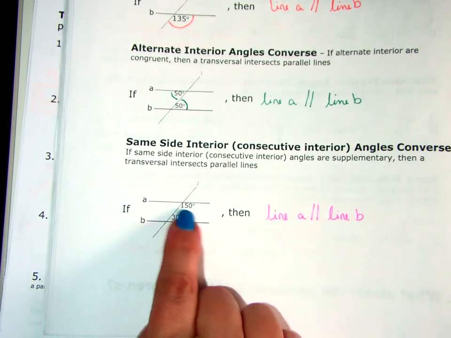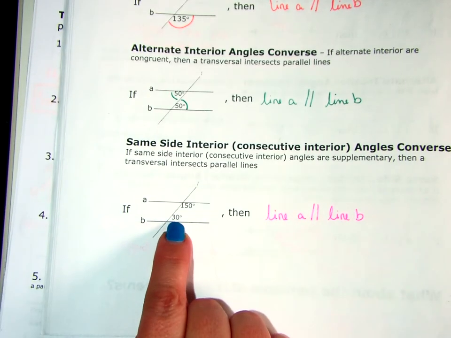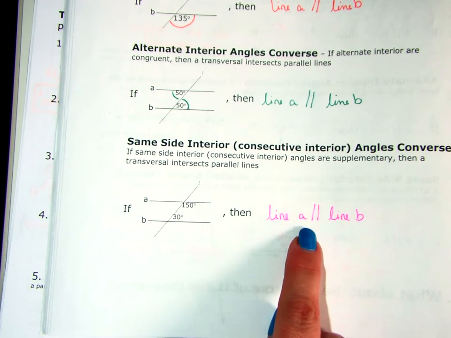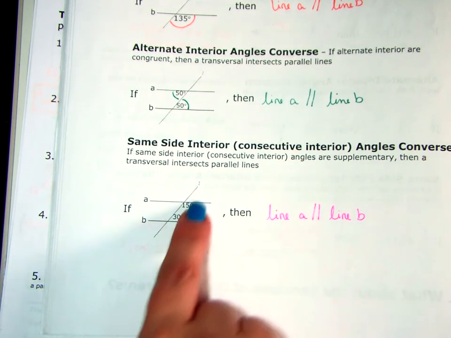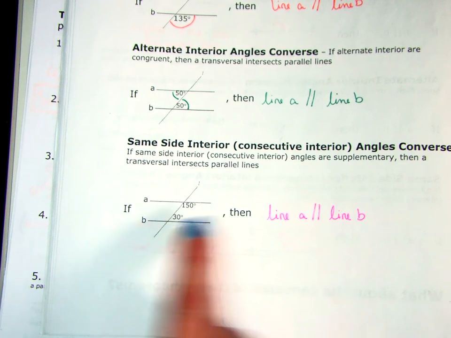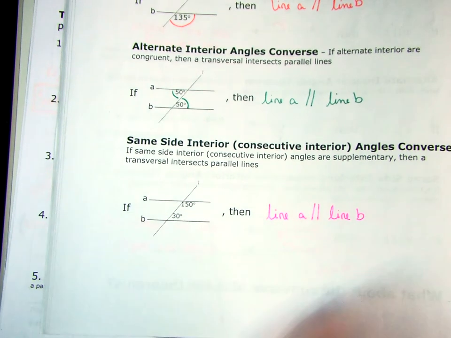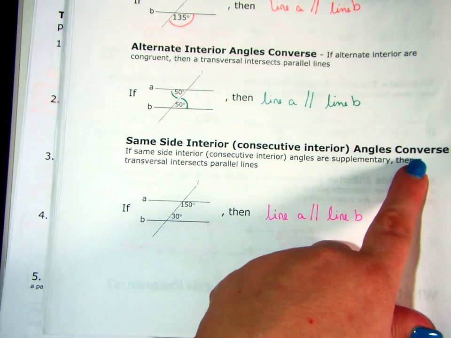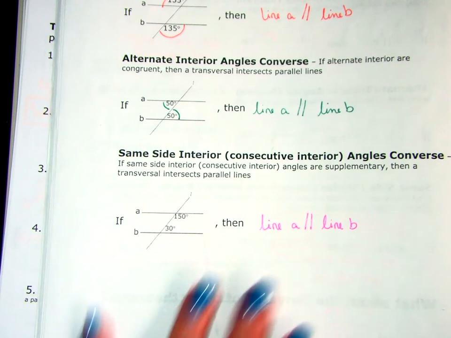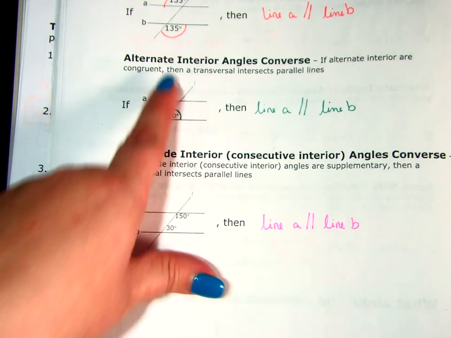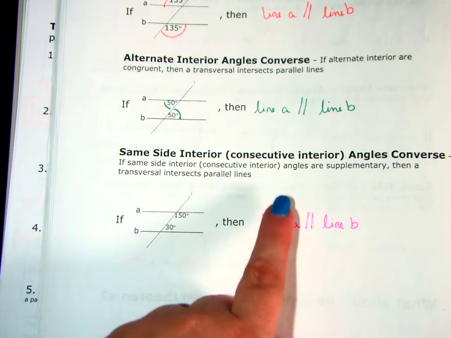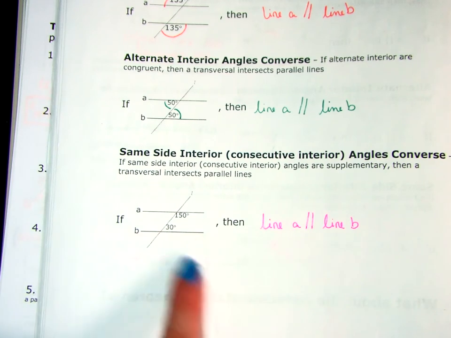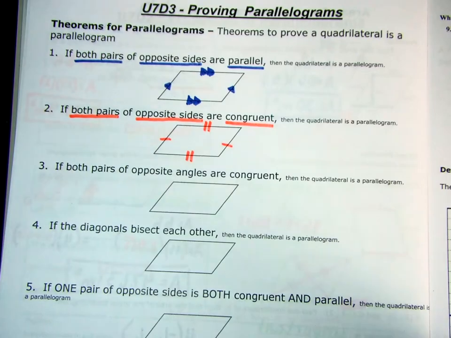Or if I have 2 angles on the same side of a parallelogram and I can show that they're supplementary, then I can prove the 2 lines, the top and the bottom in this case, of my quadrilateral are parallel. Okay? That would be my same side interior angles converse. So we'll use these 2 quite a bit in this unit, this idea of alternate interior angles and same side interior angles, to help us prove that we really do have parallel lines.